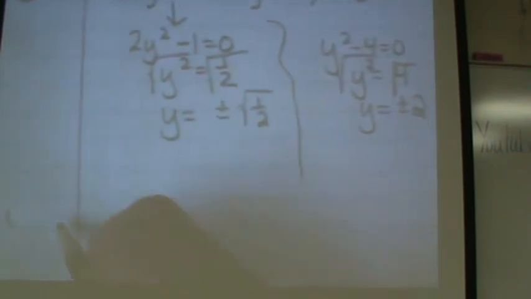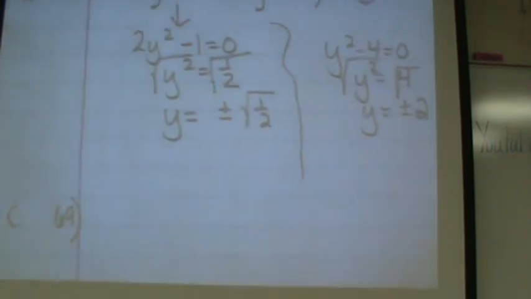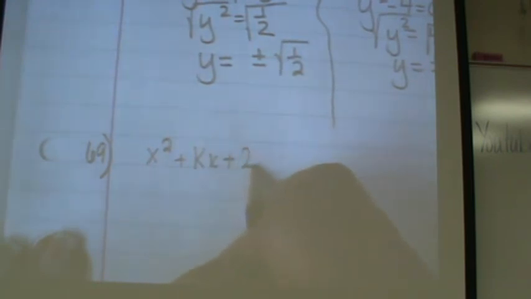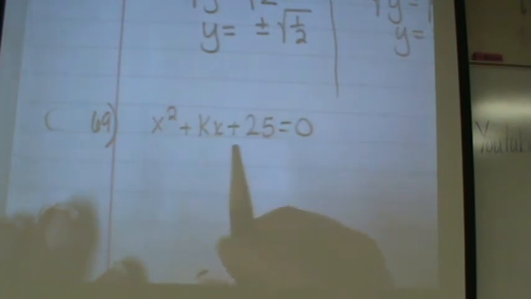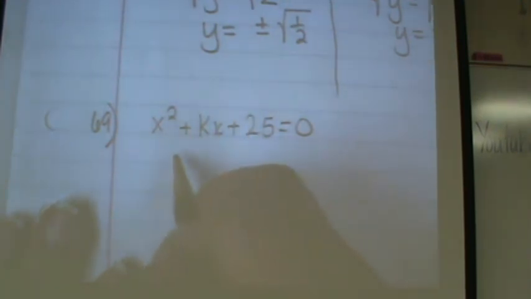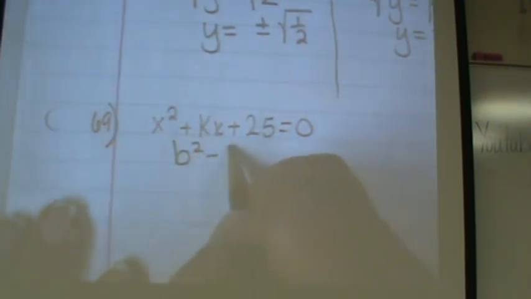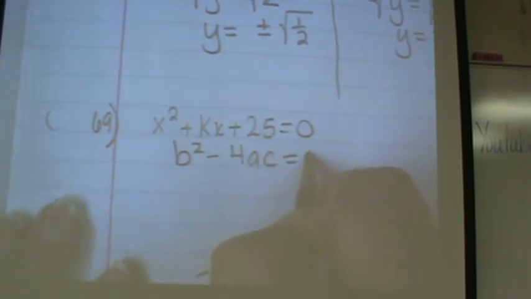Question 69. This one is asking you what would k have to be so that there's only one real solution. So that means our discriminant has to be 0. We're going to use k as our b value.